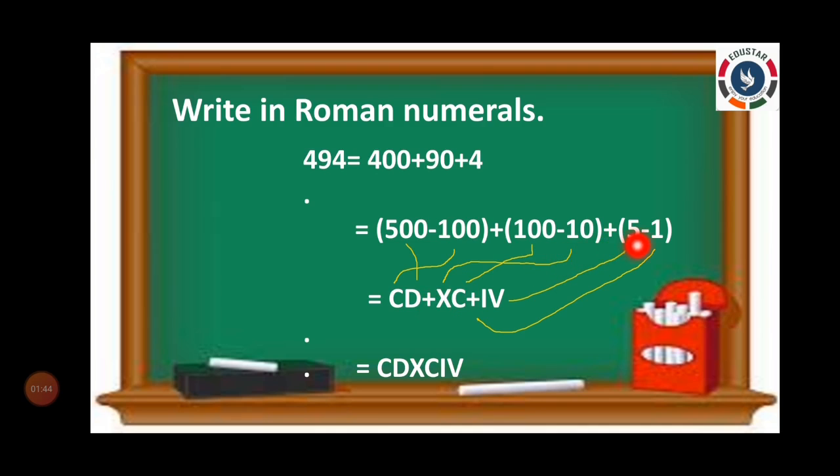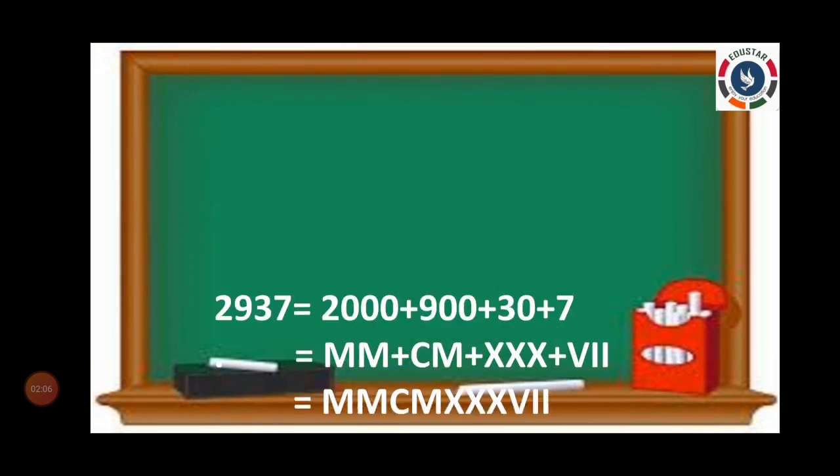Then plus, here also both are separated. First write the smaller value. 1 indicates I. 5 indicates V. So IV. Finally you add all those values. C, D, X, C, I, V. So 494 is equal to CDXCIV.